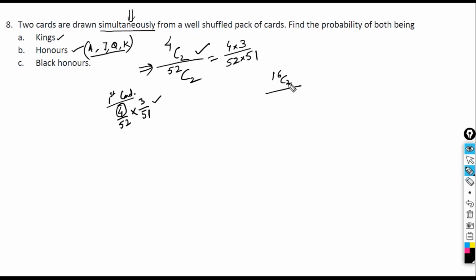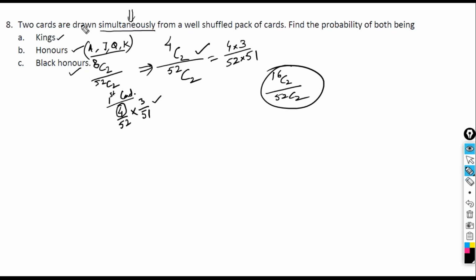We require both cards to be honor cards. So the required probability is going to be 16C2 upon 52C2. In the third, he says we require black honor cards. There are a total of 8 black honor cards. So the required probability is going to be 8C2 divided by 52C2.